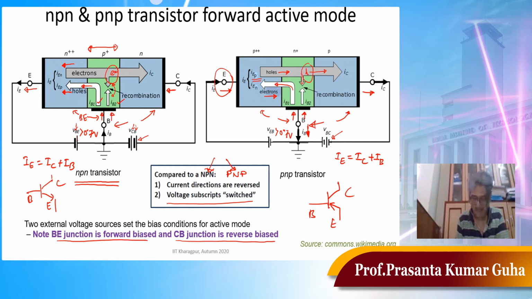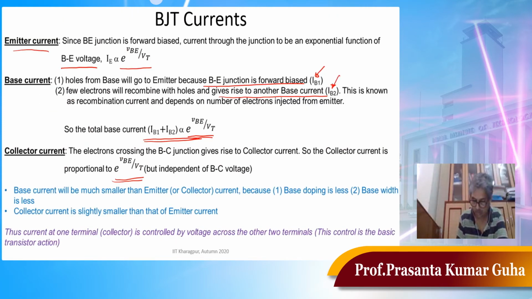In other words, the number of carriers reaching the collector depends on the base emitter junction voltage. It doesn't depend on the collector base junction voltage. So we can write that the collector current also depends on exponential VBE over VT, but it is independent of the base collector voltage.